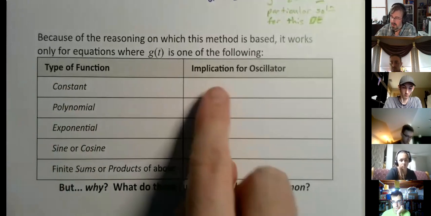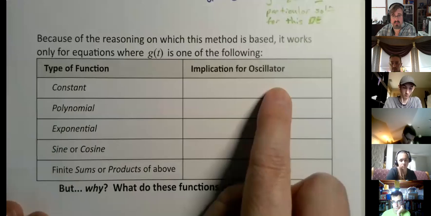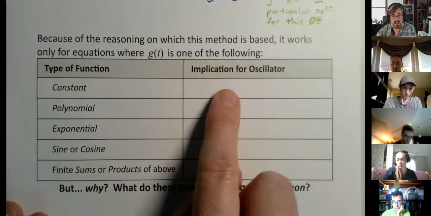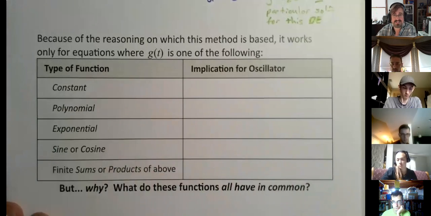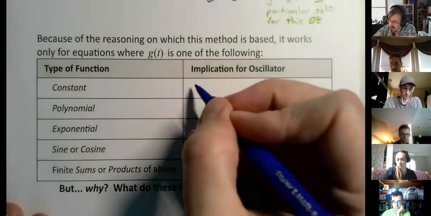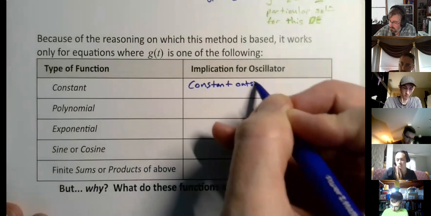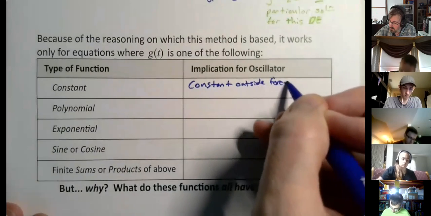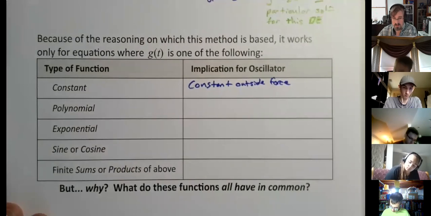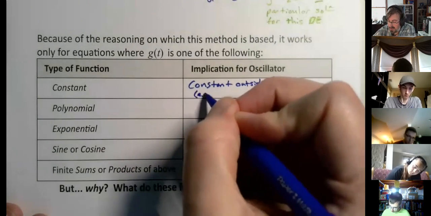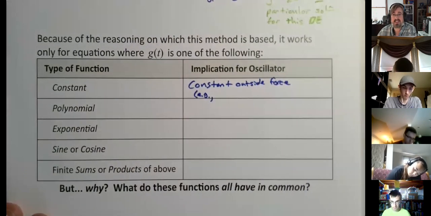And of course, there are implications for the oscillator itself. If you have an oscillator and it's being affected by a constant forcing function, that means there's a constant outside force. And so an example of a constant outside force acting on your oscillator is, well, we all live in a world in which there's a constant outside force acting on us.